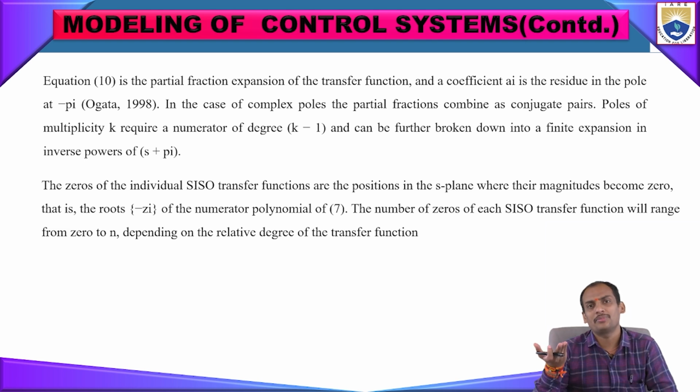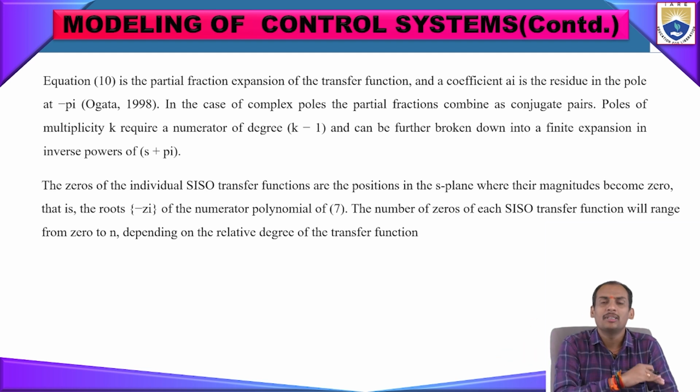If you remember how partial fractions are done, if one equation is there, it will be divided into partial fractions by making a common denominator and multiplying the respective values in the denominator. Like that, the numerator will be a partial fraction expansion of the transfer function.